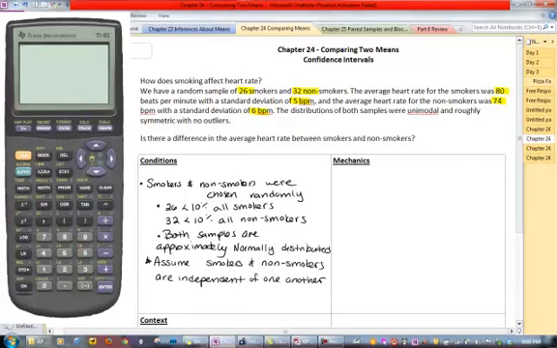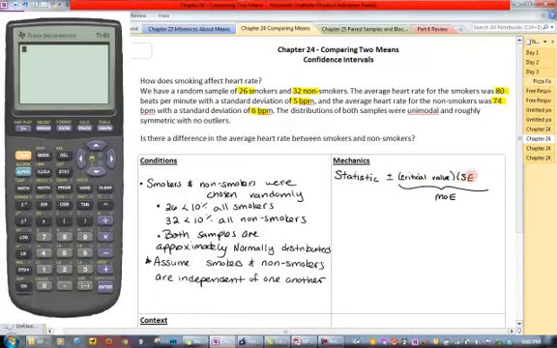So the mechanics of a confidence interval are the same. We take a statistic and we add or subtract a margin of error. And our margin of error is made up of two things. It's made up of a critical value and a standard error.